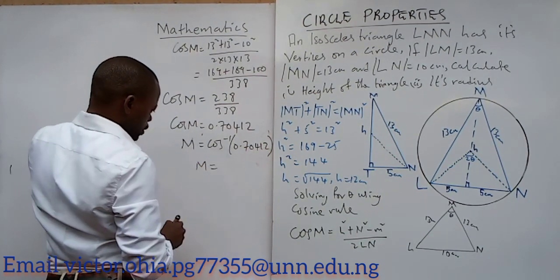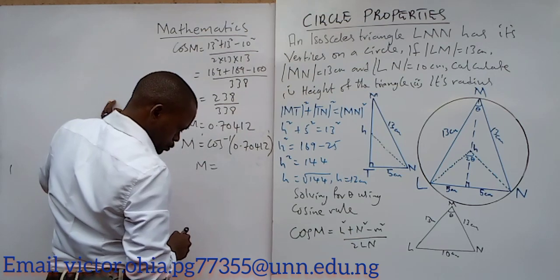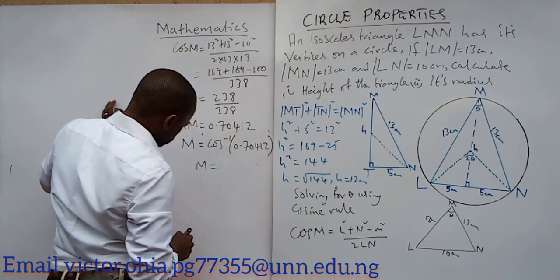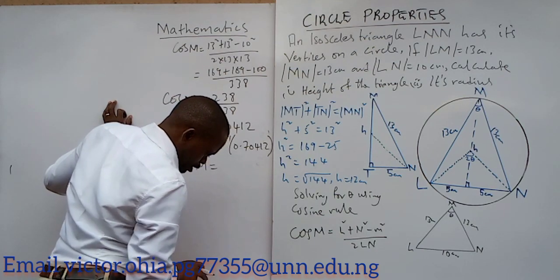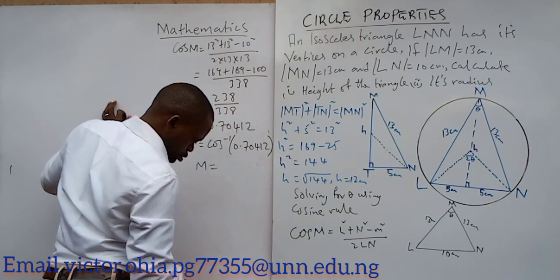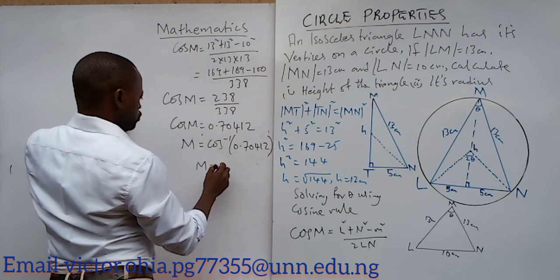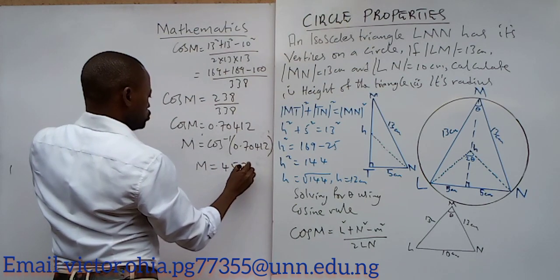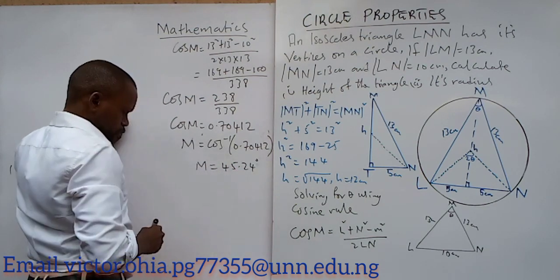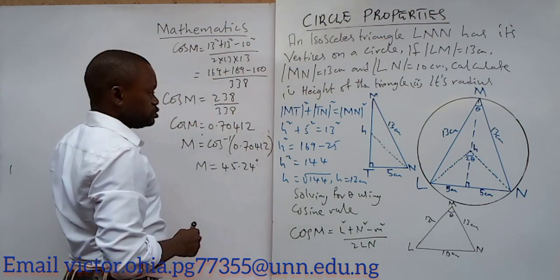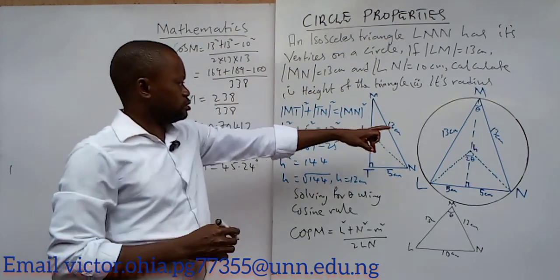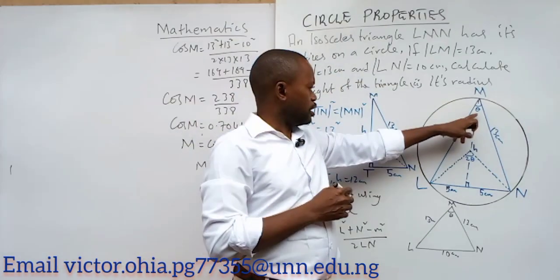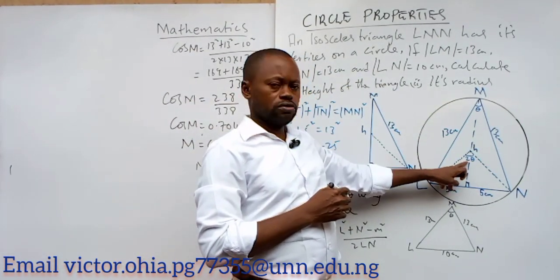If I take the cos inverse of this, I will have M, the angle M, to be 45.24 degrees.